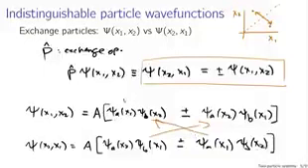You need to combine all of the different permutations of all of your particles with appropriate plus or minus signs such that you obey this overall anti-symmetry under exchange or symmetry under exchange requirement. Whether or not we have symmetry or anti-symmetry under exchange is a really interesting topic. And it gets us down to a distinction that I've mentioned earlier on in the context of fermions and bosons.